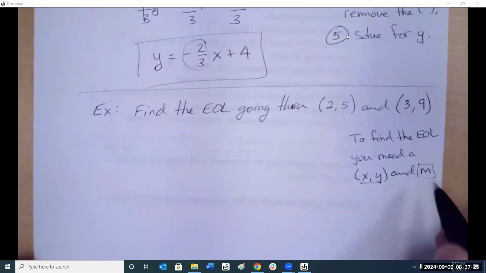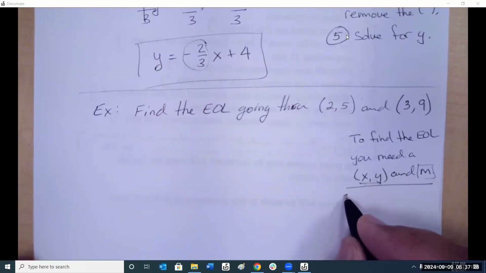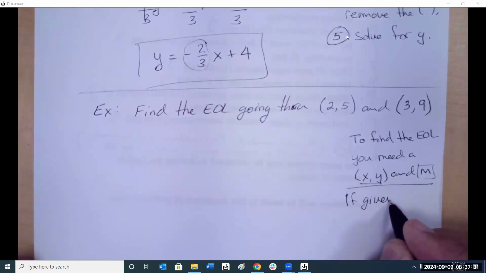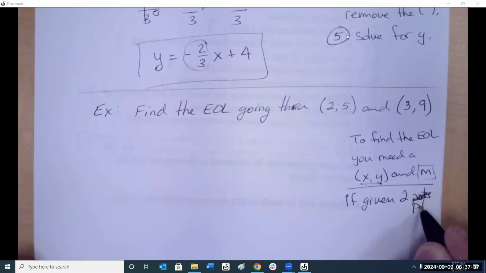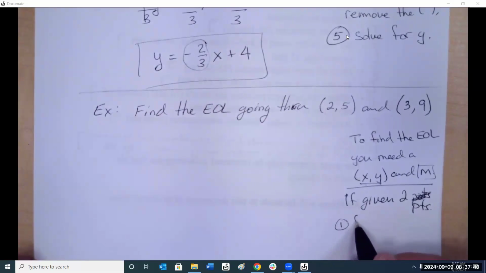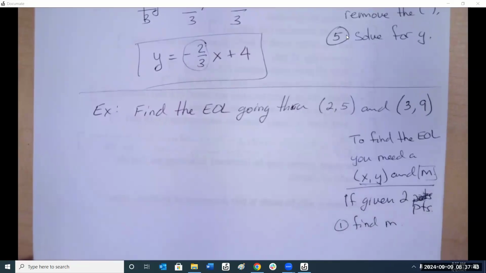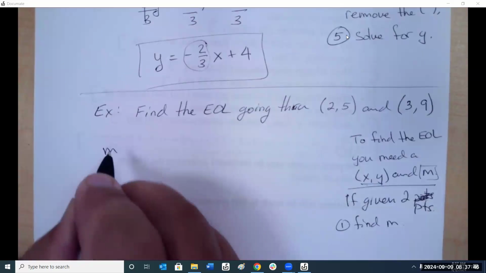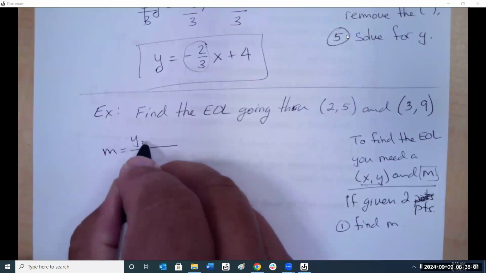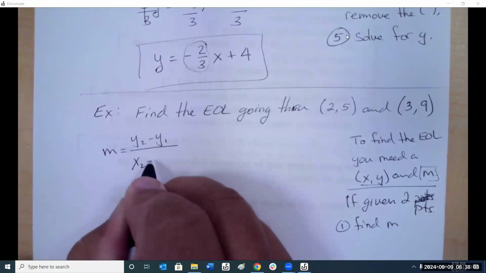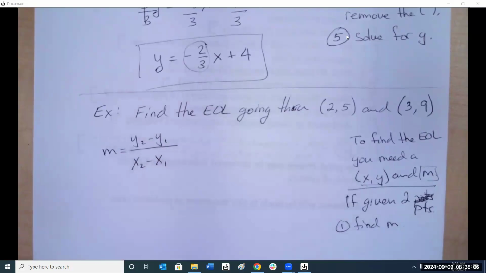So the first thing we have to do, if given 2 points, find m, find the slope first. What's the formula for slope? y2 minus y1 over x2 minus x1. Very good.